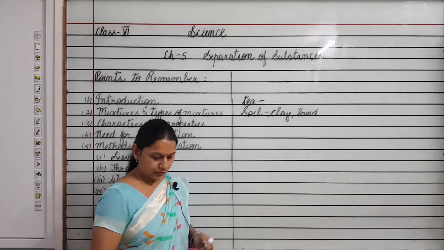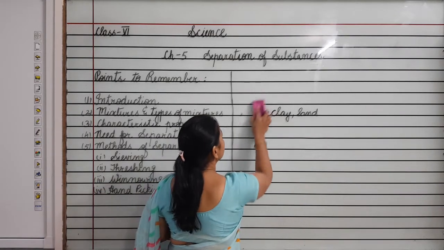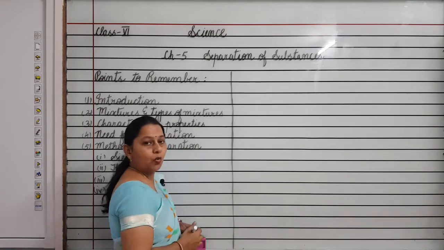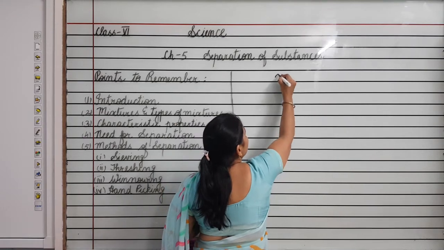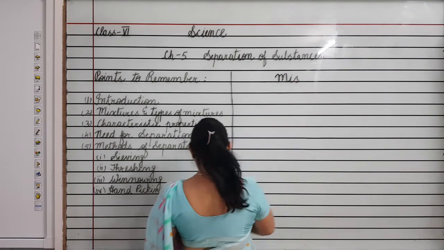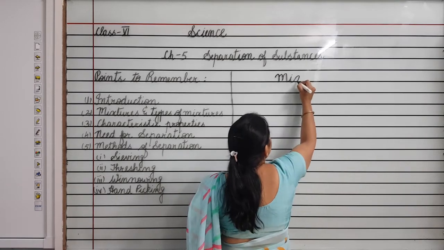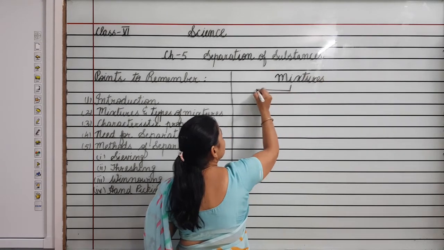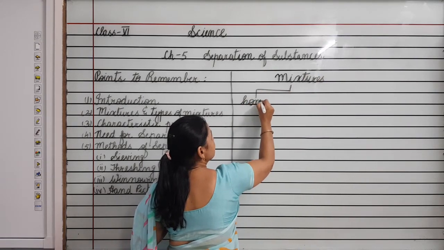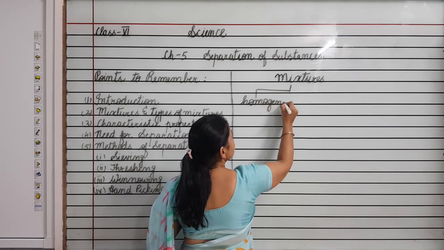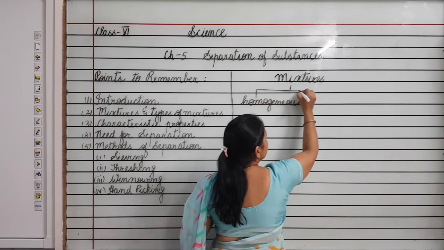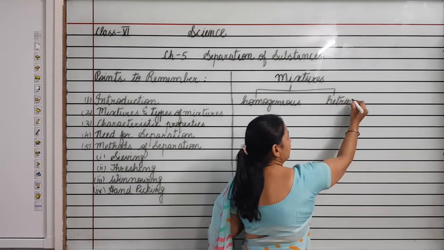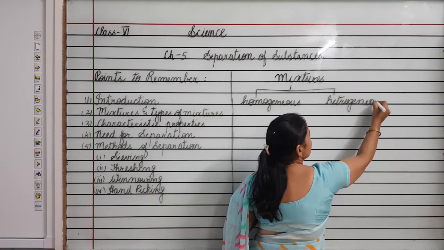Now, coming up to types of mixtures. On the basis of their visibility, we divide mixtures into 2 types, that is homogeneous mixtures and heterogeneous mixtures.